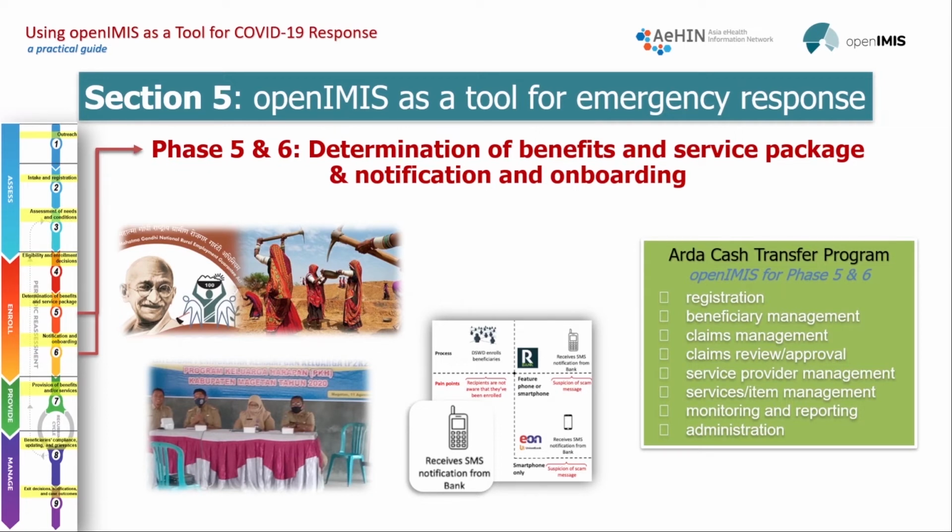In openIMIS, we can create multiple tiered packages using the services or items management functionality, and this is normally done by specific service administrations. A list of all registrant statuses can then be generated using a reporting functionality, and this list can be forwarded to third-party notification services such as calls or SMS brigades, house-to-house information teams, as well as onboarding teams.